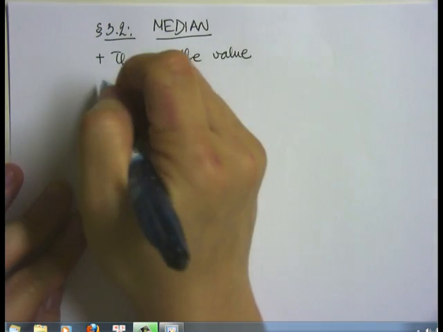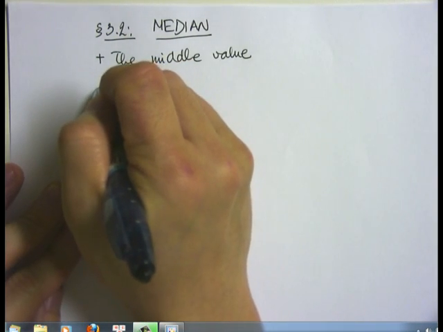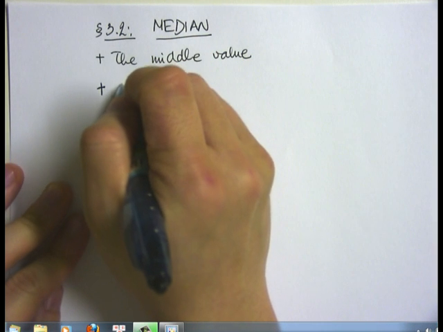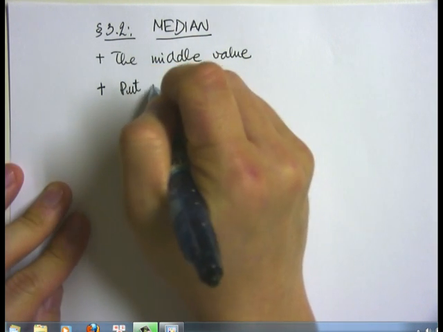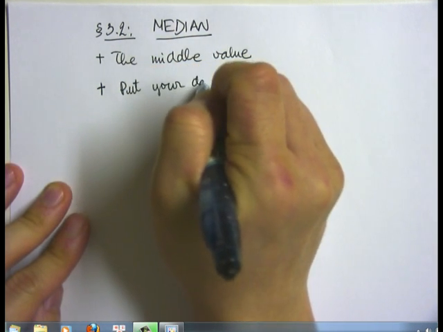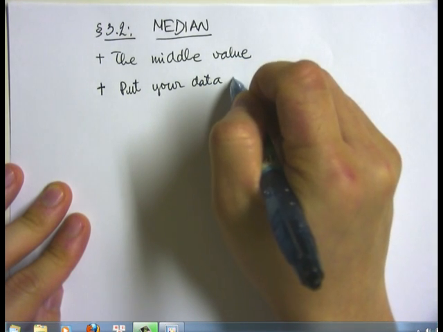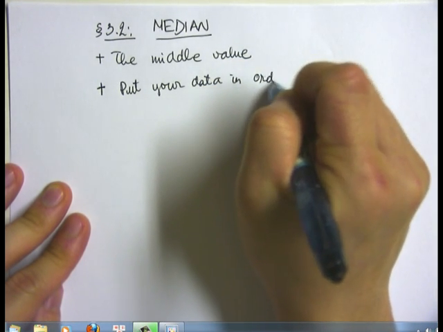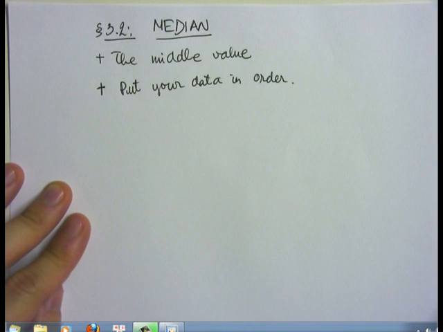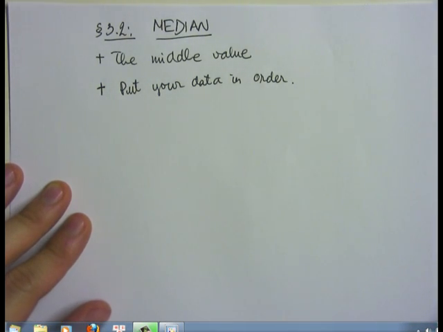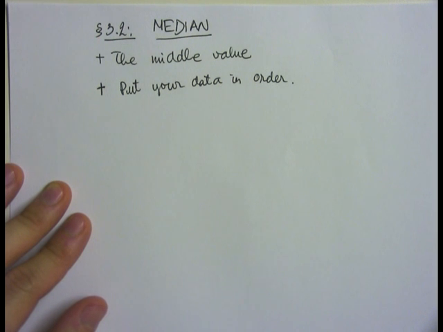And so to successfully find a median, it's always best to put your data in order. It doesn't matter increasing or decreasing order, but you need to put your data in order for you to successfully find the middle value.